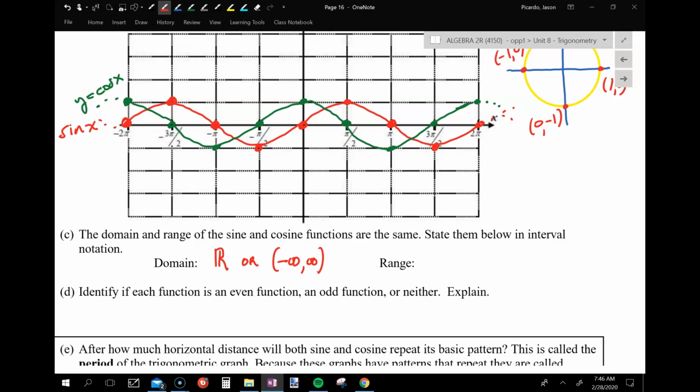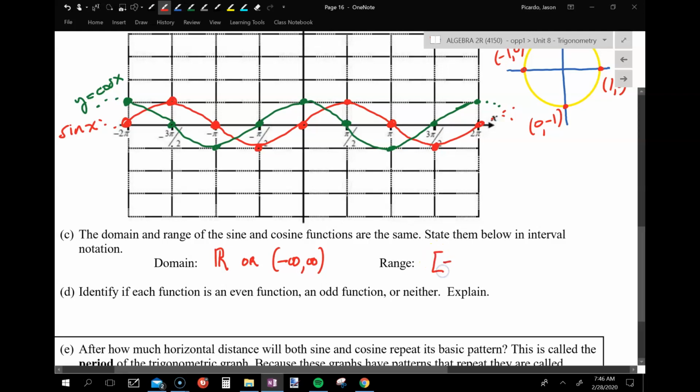Now, next question, range. Range is what? Y values, correct? What's the lowest Y value in both of these graphs? -1. And the highest? +1. The highest this graph goes is 1. The lowest it goes is -1.